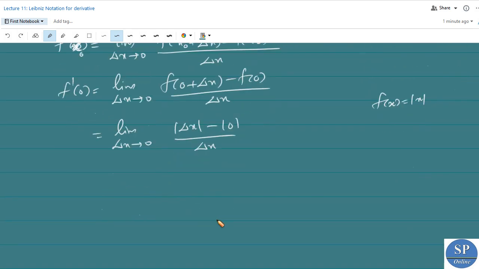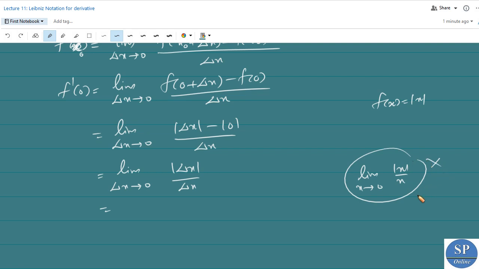So this is equal to limit delta x approaches 0 of mod delta x divided by delta x. But we already proved that this limit does not exist, because when x approaches 0 from left, it has the value minus 1, and when x approaches 0 from right, it has the value 1.